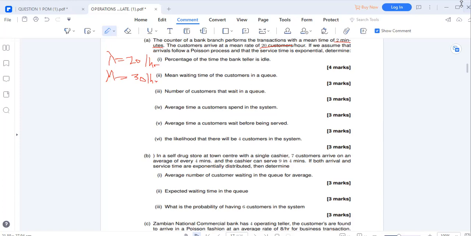So for as long as we have these, it's very easy now. The probability of queuing is lambda over mu. These formulas are given.